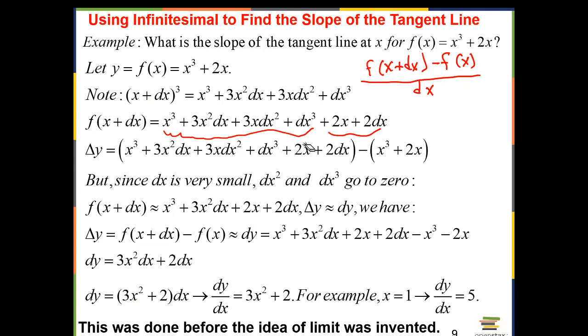So they argued that we can just ignore these. We don't ignore dx itself, but we ignore these. If we ignore these, then the numerator becomes this part without this, minus f of x. So f of x plus dx minus f of x becomes basically this right here, if you simplify it.